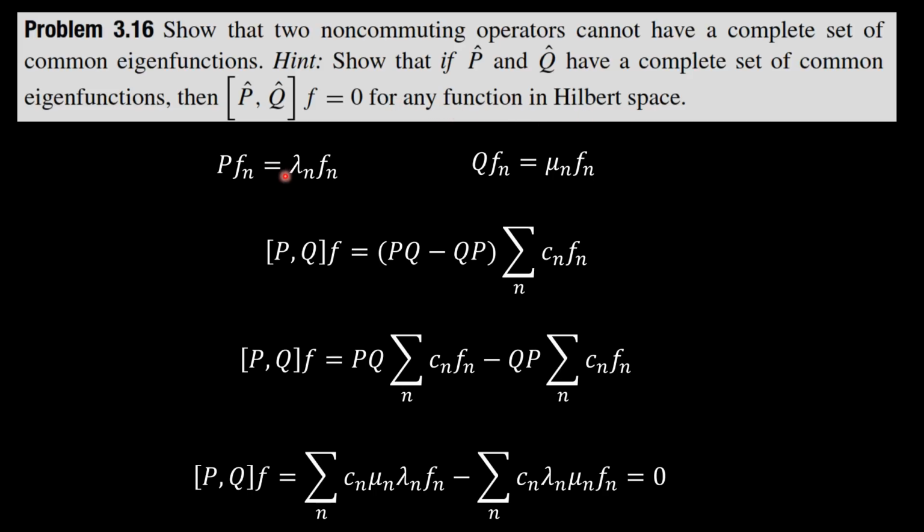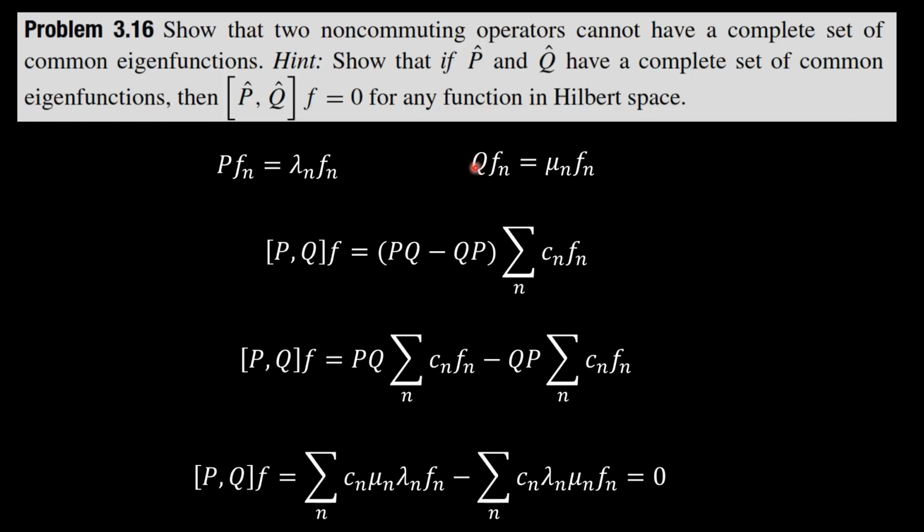Let us say we have a function f sub n. When operator p acts on f sub n, you will get the eigenvalue lambda n with the eigenfunction f sub n.